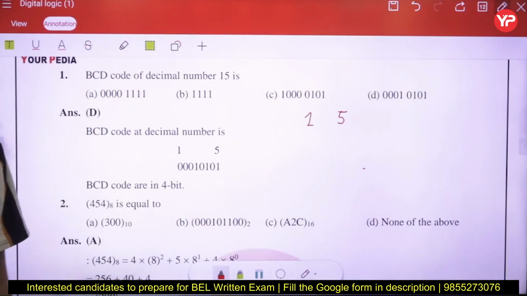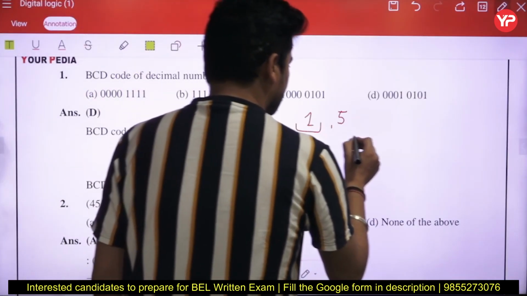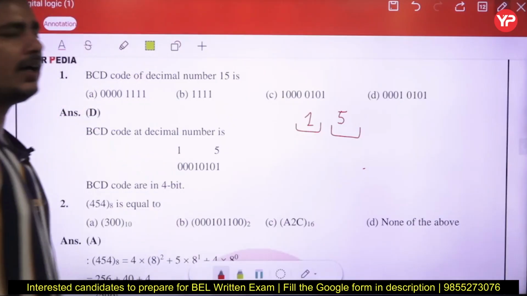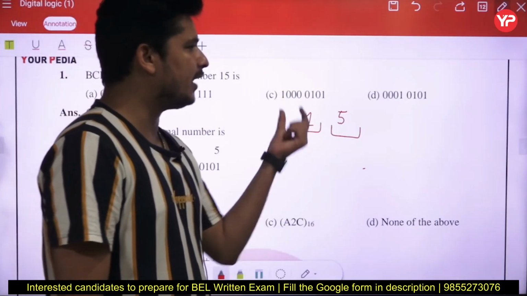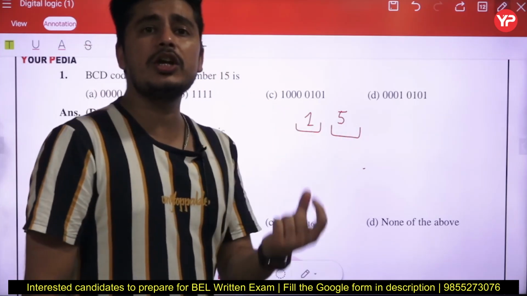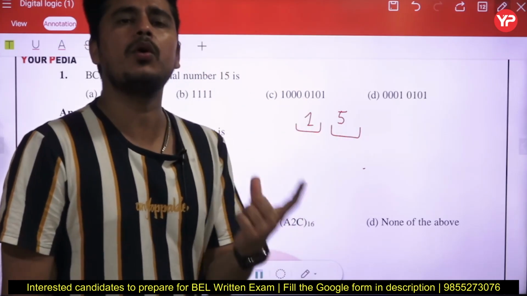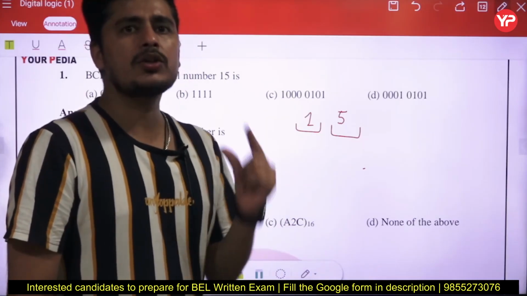You have to write the binary equivalent of this 1 and the binary equivalent of this 5 separately, and each equivalent should be 4-bit. Remember that thing, each equivalent should be 4-bit.